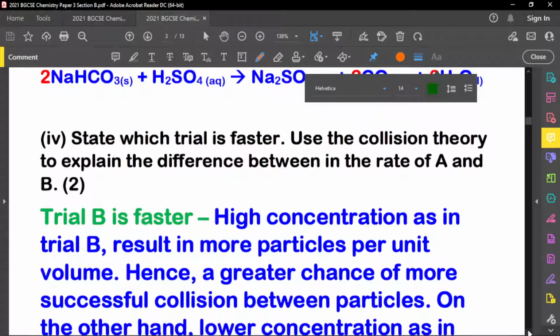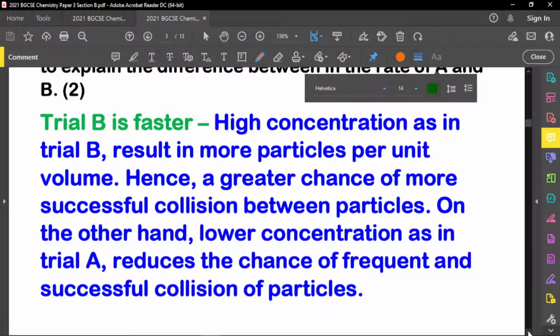On the other hand, lower concentration, as in trial A, reduces the chance of frequent and successful collisions of particles. Remember, based on the collision theory, particles must collide frequently and also in the correct orientation. Yes, the particles may collide, but if not in the correct orientation, then no chemical reaction will take place. Just make a note of that.